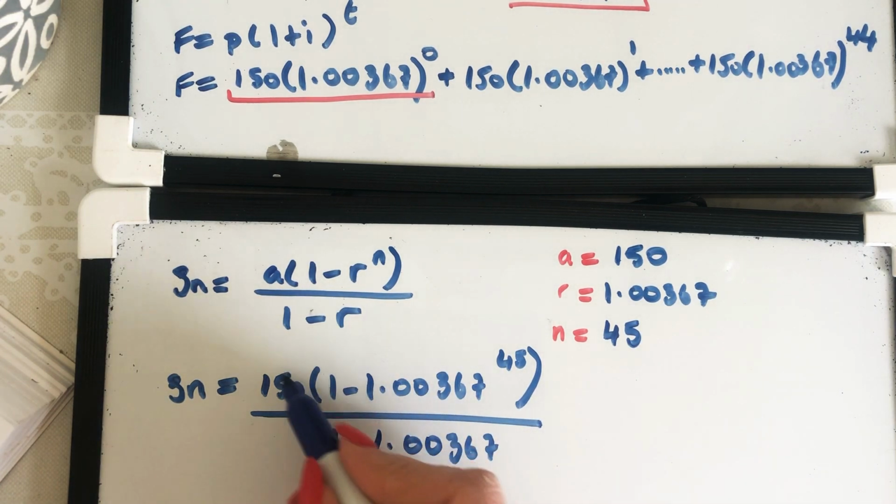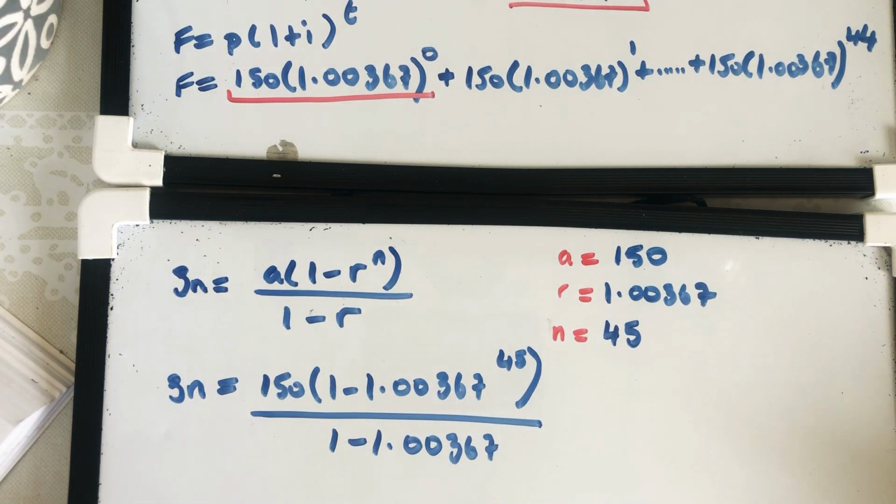So let's put the top part, our numerator, into our calculator. So 150 multiplied by (1 − 1.00367^45). Close the bracket and we get out negative 26.882. On the bottom we have minus 0.00367.